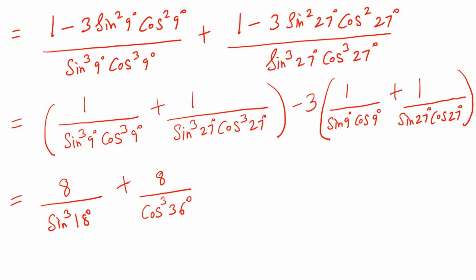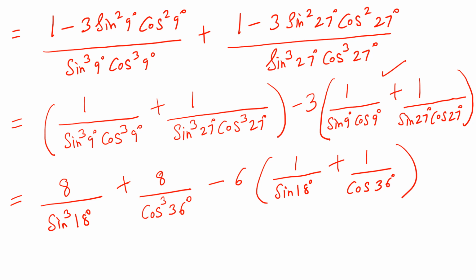Now students, for this particular expression, 1 upon sine 9 degree into cos 9 degree plus 1 upon sine 27 degree into cos 27 degree, just multiply up and down by 2. So now this becomes minus 6 into 1 upon sine 18 degree plus 1 upon sine 54 degree, which becomes cos 36 degree.